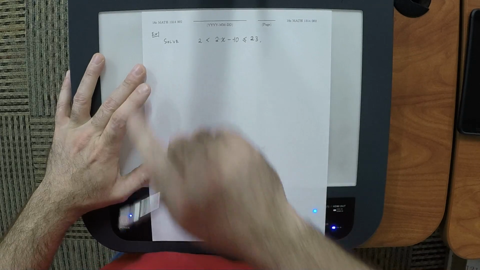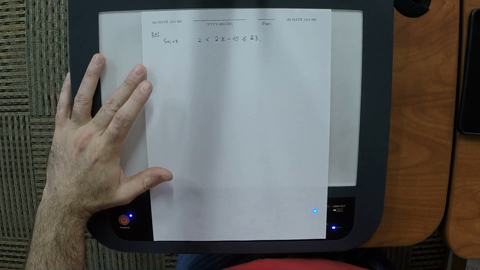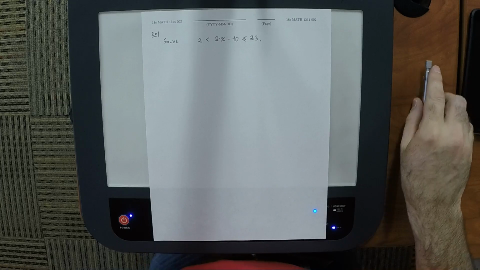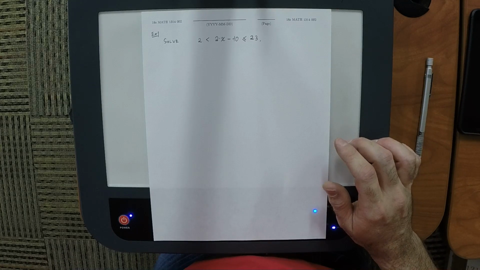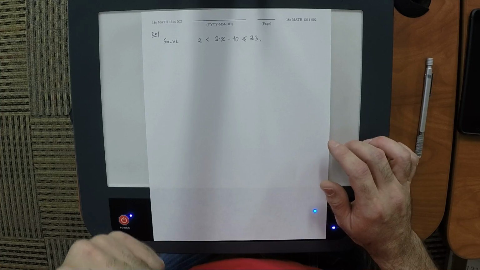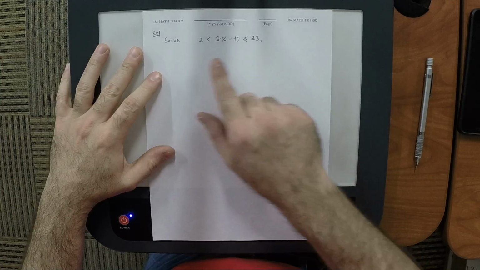Specifically what I want you to observe is that when we were dealing with equations, we had just two positions, the left-hand side and the right-hand side. But already here we have three positions.